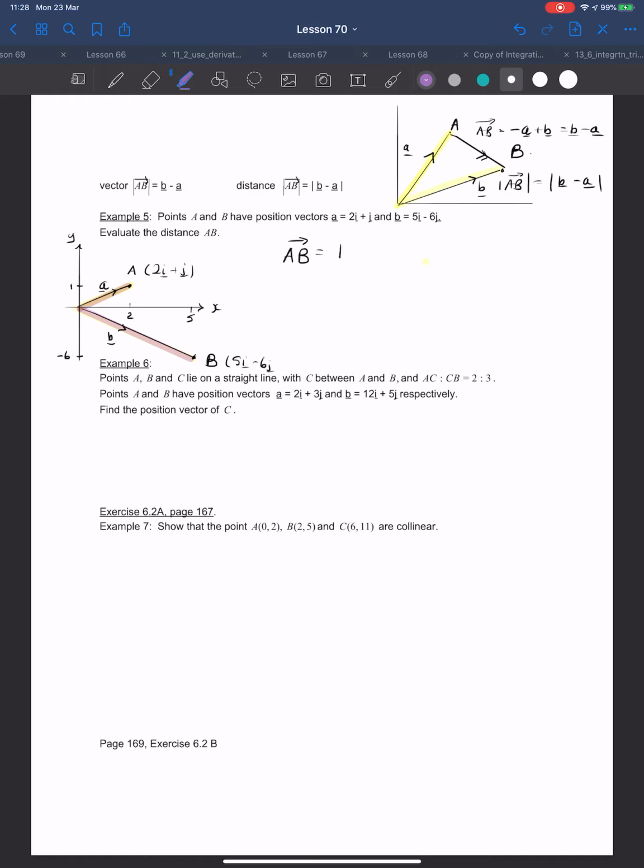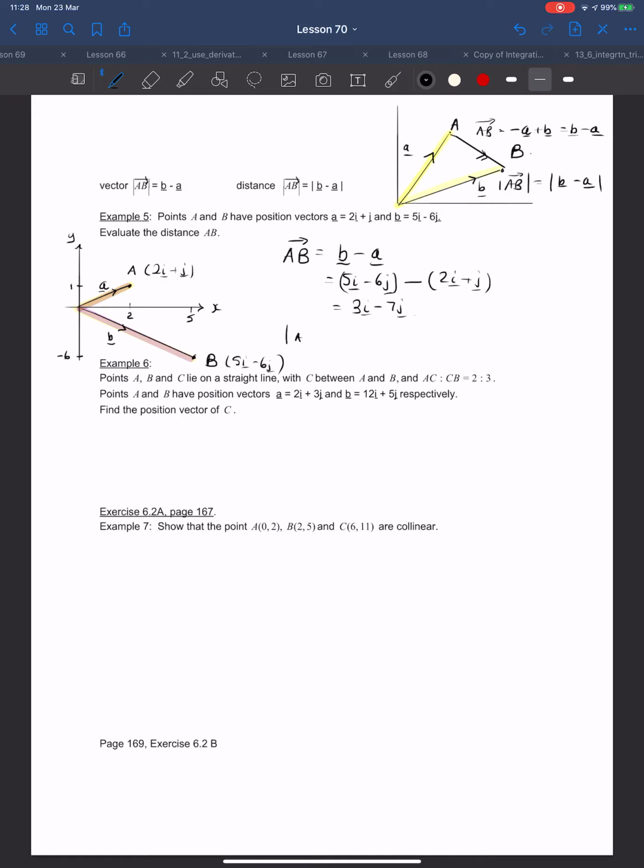So it's minus A plus B, or we can say that's B minus A. So it's 5i minus 6j, that's the B, minus the A, 2i plus j. So it's 3i for the i's, and minus 6 minus 1j, minus 7j.